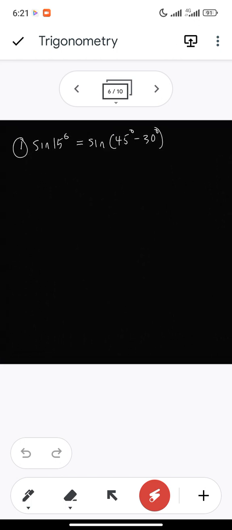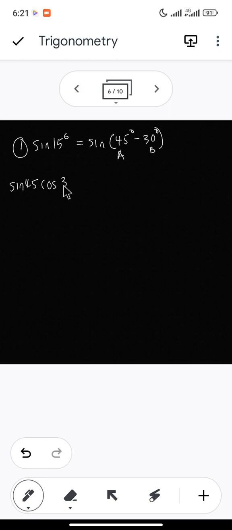Trying to apply this here, it means that our A is 45 and our B is 30. So we just plug it into the formula. The formula says sine A cos B, so sine 45 cos 30. All these are in degrees.